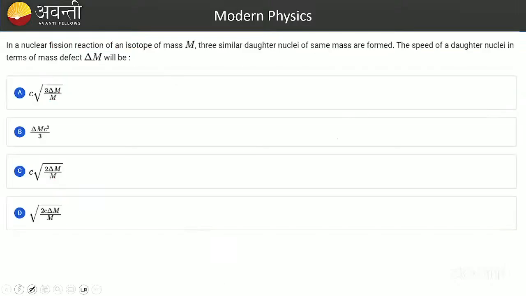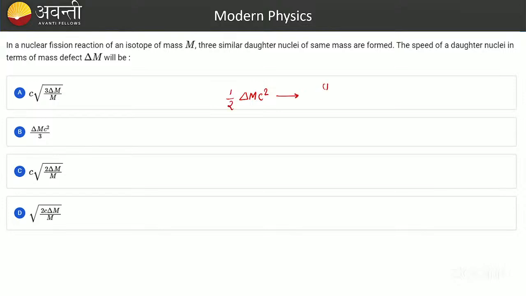Now let's move on to the next question. In a nuclear fission reaction of an isotope of mass capital M, three similar daughter nuclei of the same mass are formed. Find the speed of the daughter nuclei in terms of the mass defect delta M. Now we know that delta M will travel with the speed of light, so this will be delta M c square. This is the energy acquired by the mass difference.